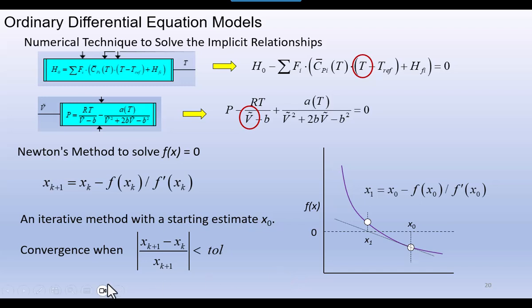And convergence we would judge here in a relative sense by taking the last change in x over the new x and waiting until that is less than some small tolerance, for example, 10 to the minus 7.